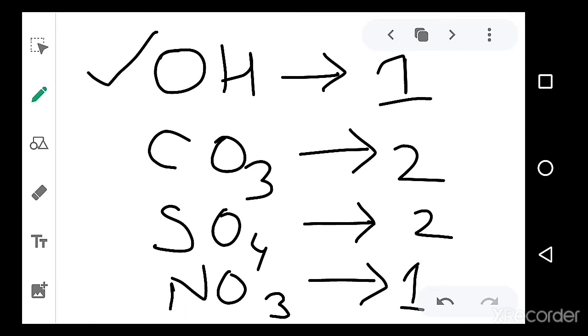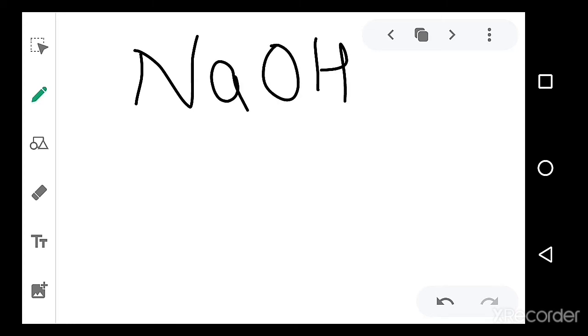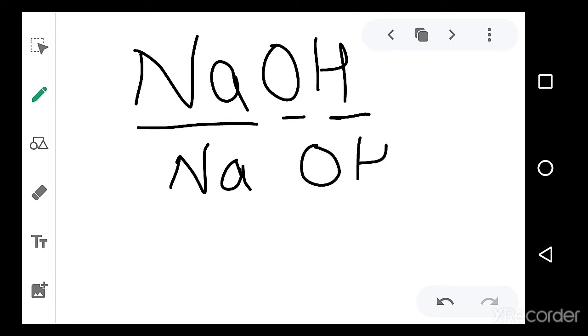Based on this, we will see one more example, that is sodium hydroxide. Now here in actuality you can see 3 elements. Na means sodium, O means oxygen and H means hydrogen. But Na will be one element and OH will be one group. So as we discussed before, Na's valency is 1, OH valency is 1.